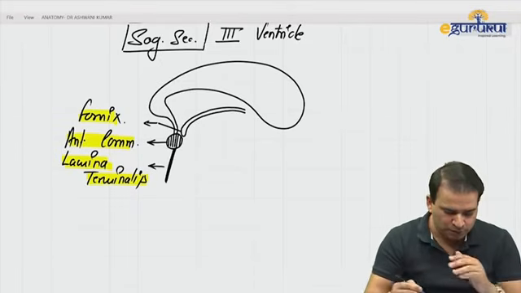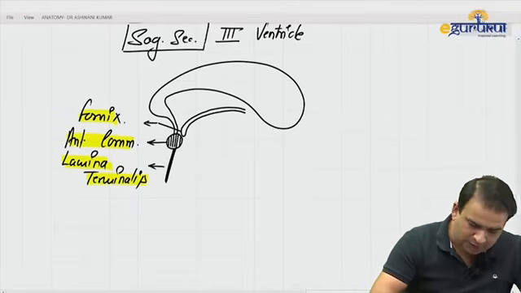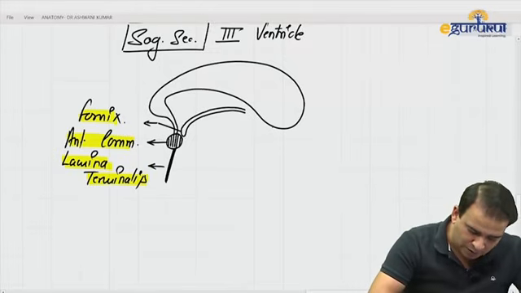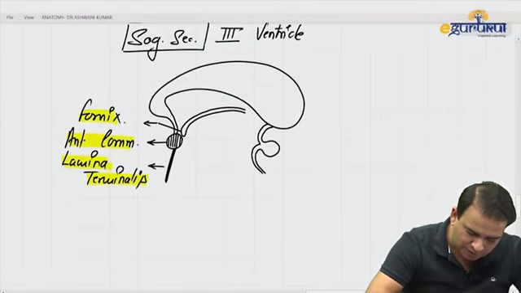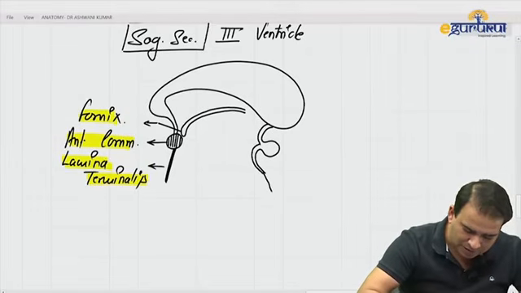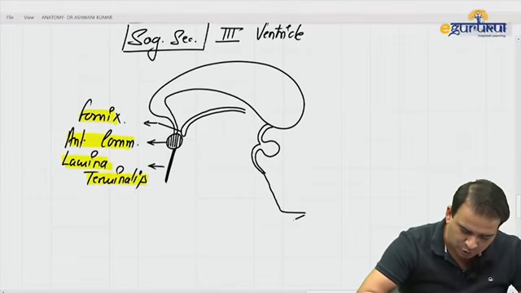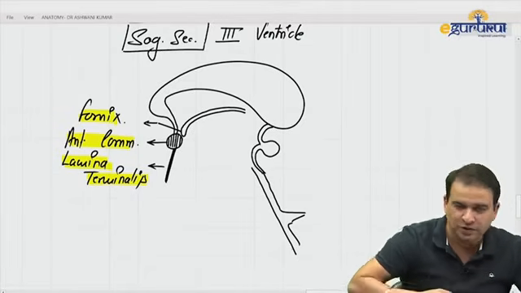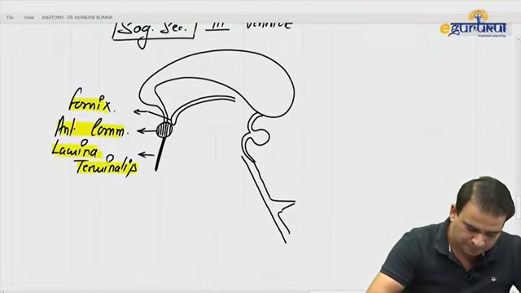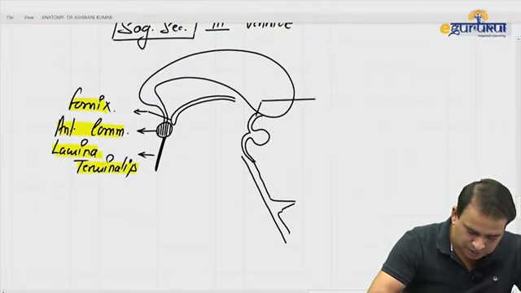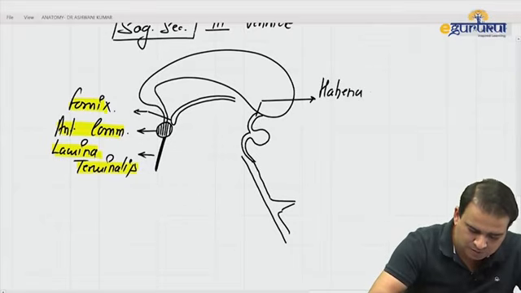From anterior, if I go to the posterior, as we said, below the splenium of the corpus callosum, we have the pineal gland having superior and inferior laminae. That's the superior lamina of the pineal, and that is the inferior lamina of the pineal gland. And then you can see it is extending downward through the aqueduct and leading to the fourth ventricle. This is the superior lamina of the pineal gland, which is holding the habenular commissure.